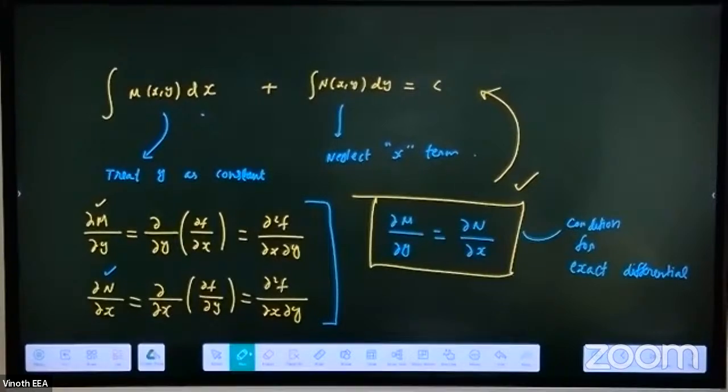Problem number 13. Start from problem number 13 until question number 21.